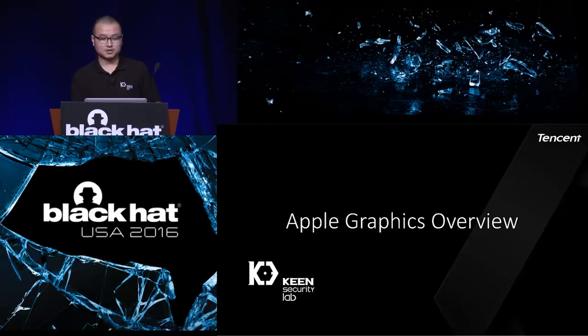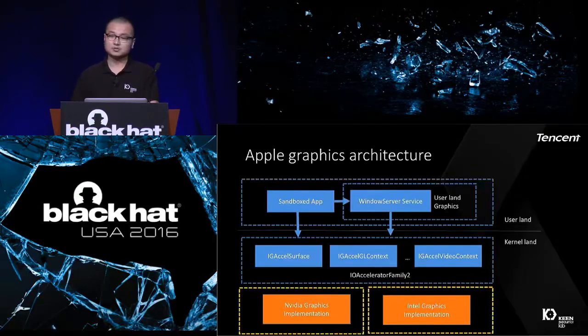Apple Graphics actually contains 2 parts, the userland and the kernel land. For a sandboxed app, usually you call some IPC interface to the WindowServer service, which is a daemon. The WindowServer daemon will then call the IOKit, in the IOAccelerator family class.